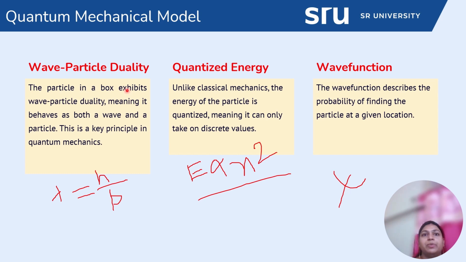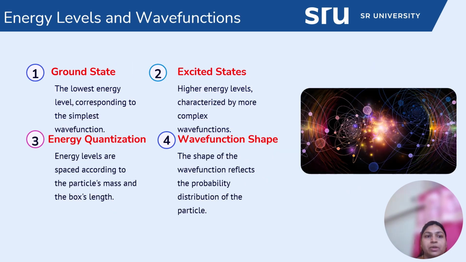Now we'll explore the details about energy levels and the wave function. We can frame this stepwise: first is the ground state, second is the excited state, third is energy quantization, and fourth is the wave function shape. So what is an energy level?